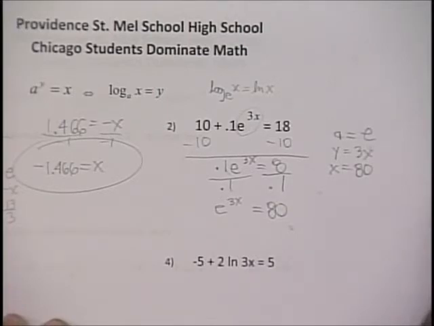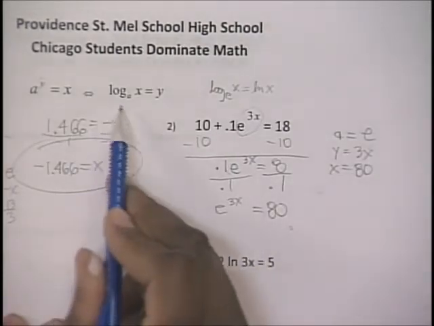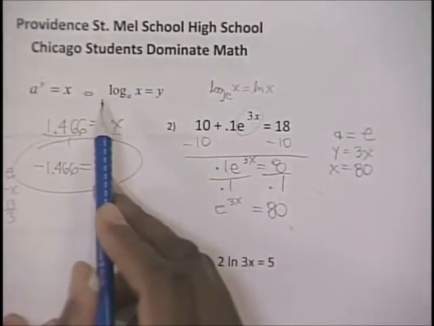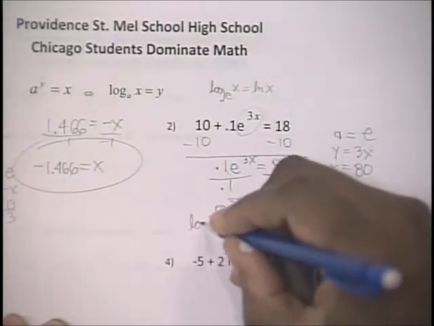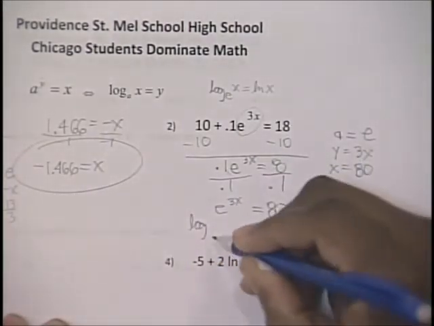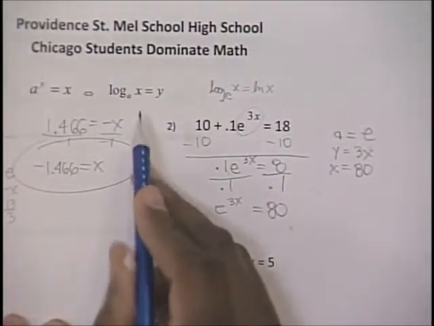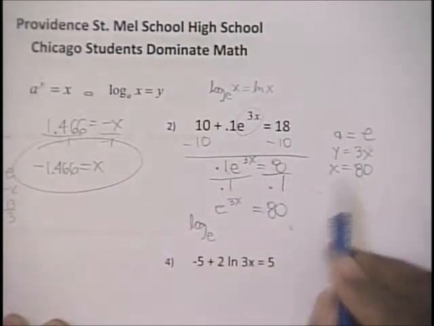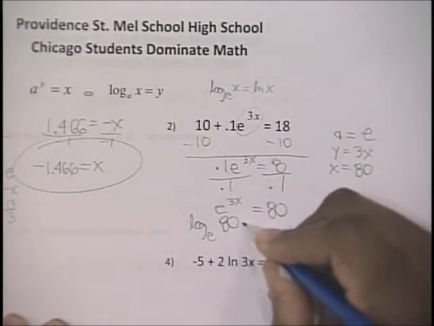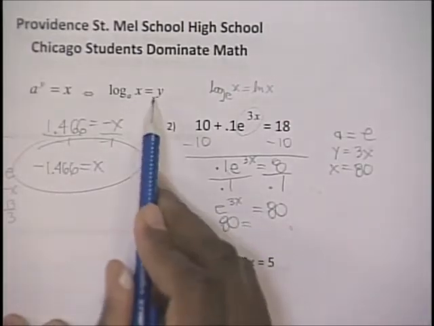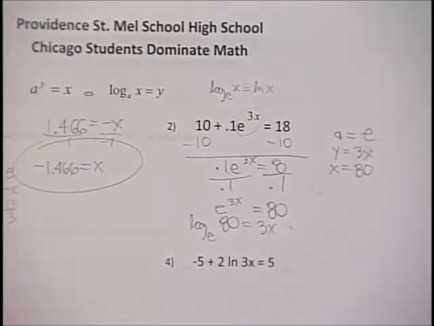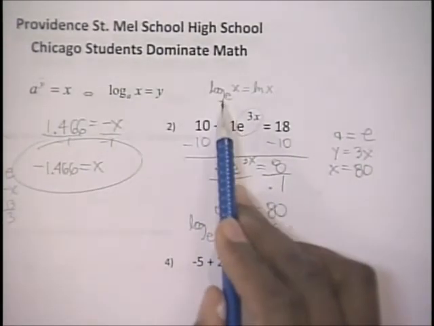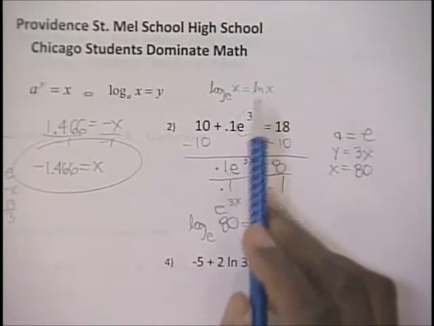So what are we going to do now? We rewrite this exponential equation as a logarithm. Log base a, for us a is e, of x, x for us is 80, is equal to y, and y for us is 3x. Log base e of x is the same thing as natural log of x.